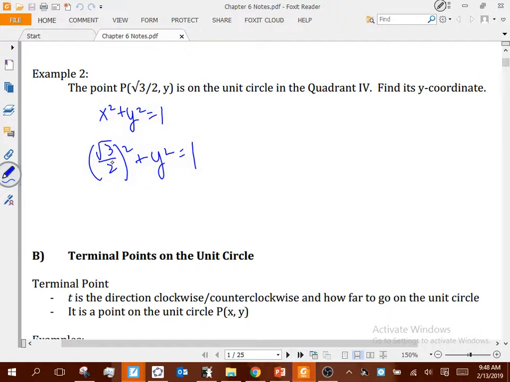What's radical 3 over 2 squared? What's radical 3 squared? 3. What's 2 squared? Okay, can I subtract 3/4 from both sides? So y squared is going to equal 1/4, right? Can I square root both sides?